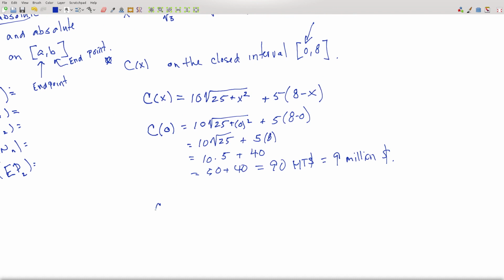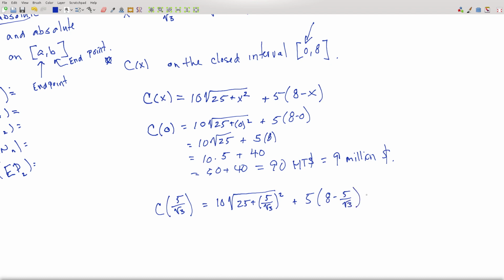I have to find C of 5 over the square root of 3. And when I do that, that becomes 10 times the square root of 25 plus 5 over the square root of 3 squared plus 5 times 8 minus 5 over the square root of 3.